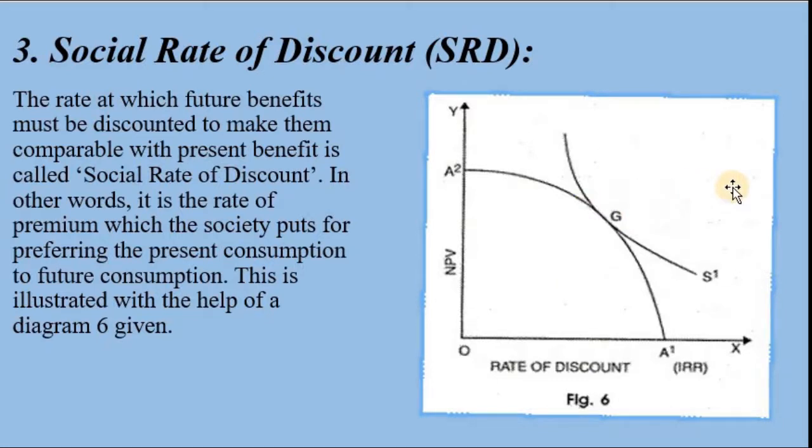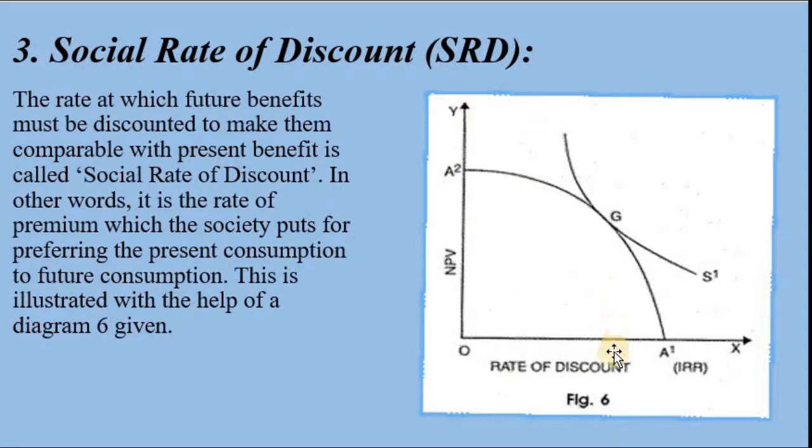Now in this figure, the present consumption is measured on the OX axis, A1, and A2 along the vertical axis is future consumption. This A1A2 is called the transformation and investment possibility curve, and it consists of a series of different projects arranged from left to right in order of the rate of returns.